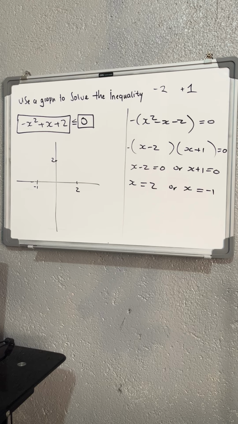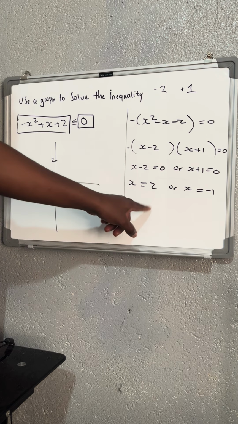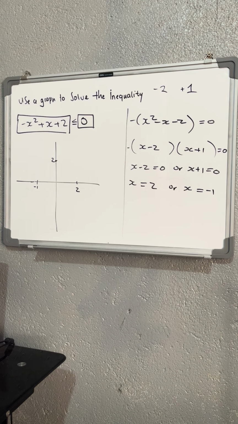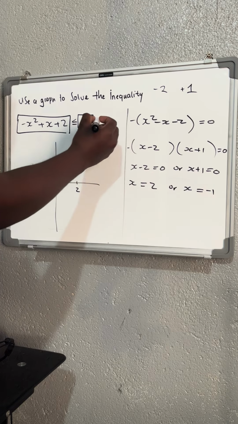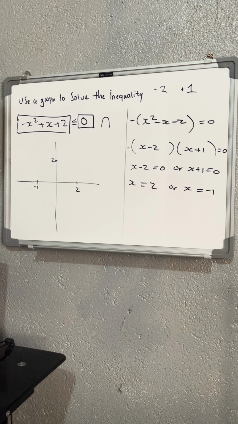So if you did this in your high school and college, you would be able to spot it out that this would definitely be your 2. Then your x values, you'd be able to work them out by factorizing. So now comes the second part. You check the shape of your parabola by looking at the slope. The slope is negative, it means that's going to be a graph that looks like this.